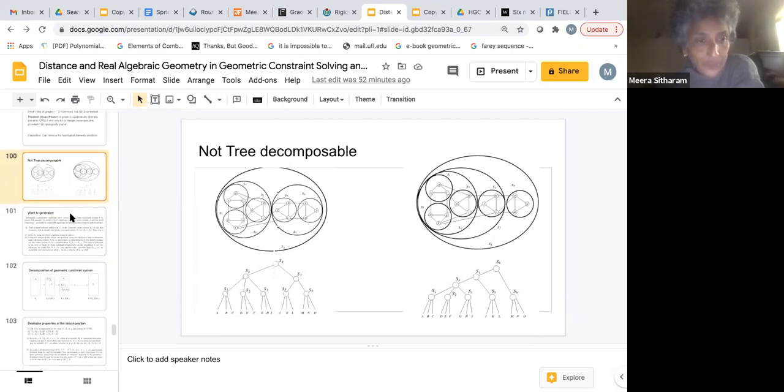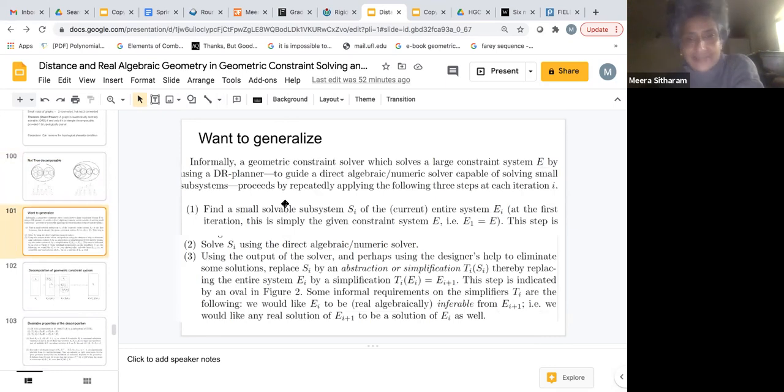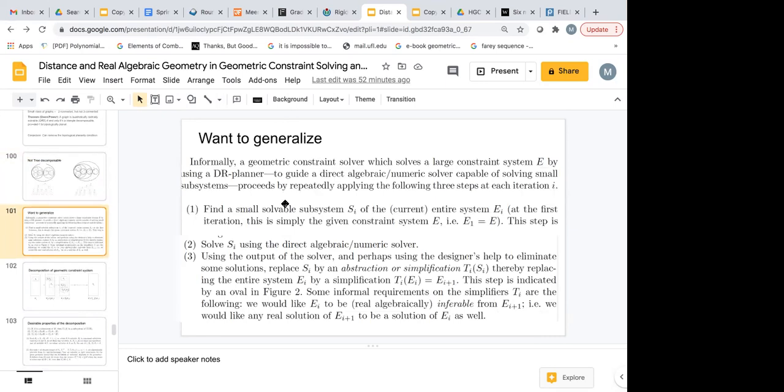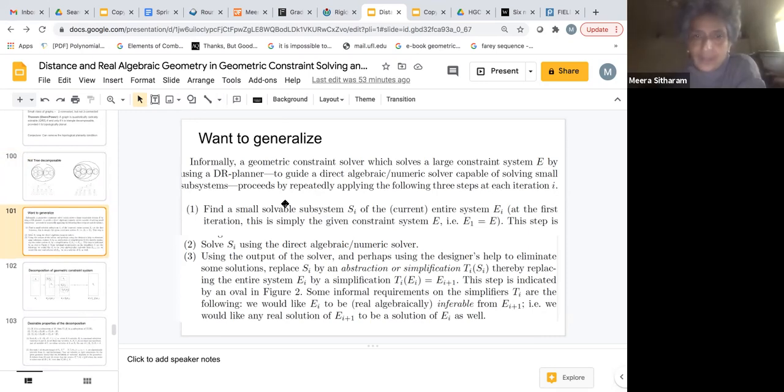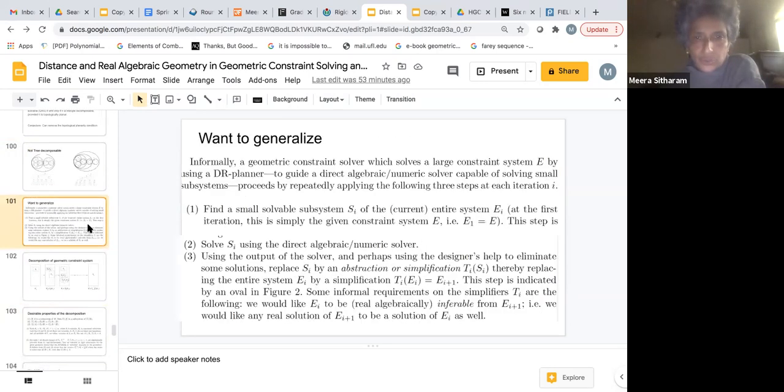Right. So anyway, stepping back a second to what we want algebraically. We want to ensure that every time we're picking a small solvable subsystem, and when I say solvable, I mean it's got finitely many solutions, which we understand as generically rigid. So a rigid graph for that dimension.